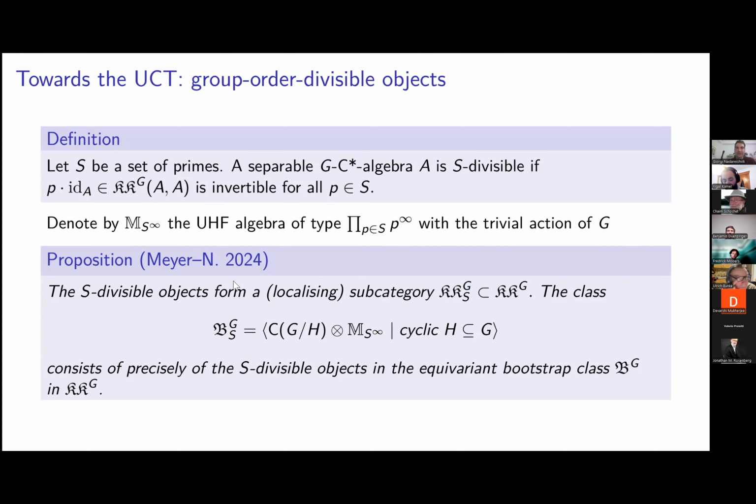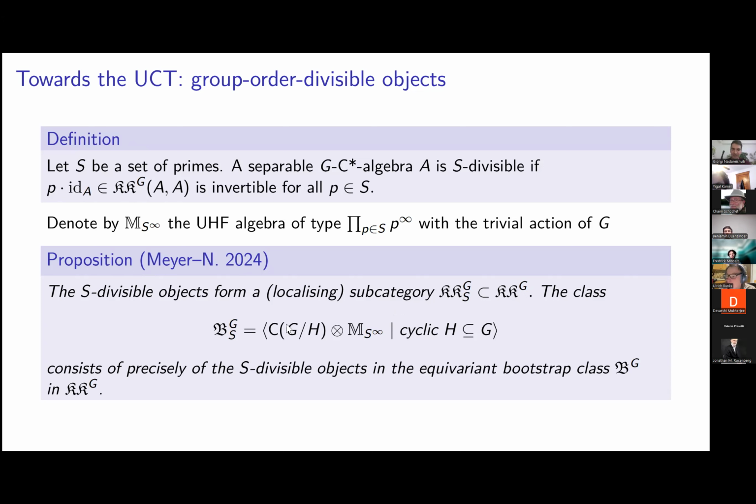Now, if you read Blackadar's book, this is how localization is defined there, but anyways, this is some object here. And there's a proposition that S-divisible objects, that means the objects for which this multiplication by p is an isomorphism, first of all, form a subcategory, I will call it KK^G_S, inside all my algebras. And so remember, I showed that type 1 C*-algebras are generated by these C(G/H)'s.